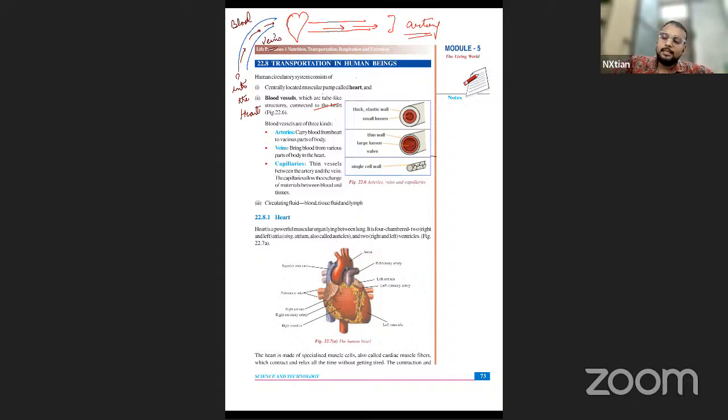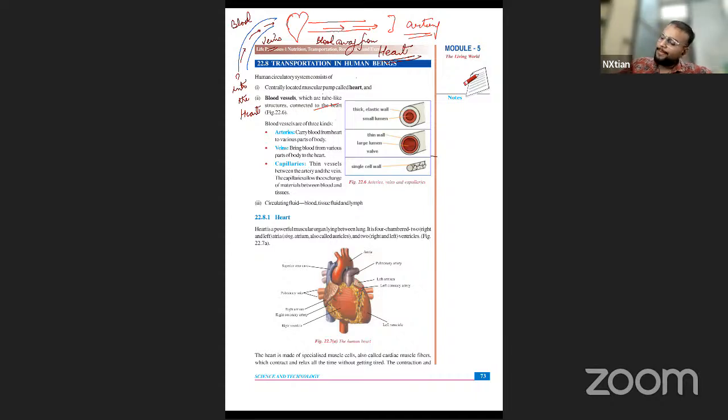This is called an artery: blood away from the heart. And blood into the heart is called a vein. Understood, guys? Anna, you got it? Johan, you got it?